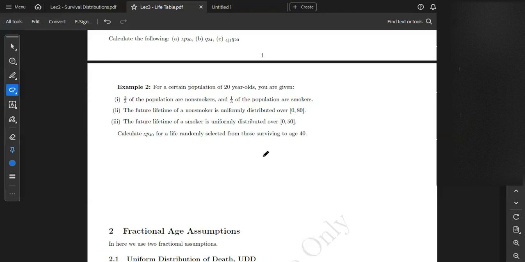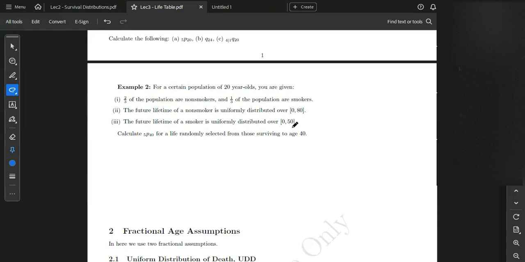Otherwise, we know that the habit of smoking begins at somewhere in the life. So if that person starts smoking at age 20, then for the next 50 years, this would be the lifetime, which means the highest value for the future lifetime for that person is 20 plus 50.